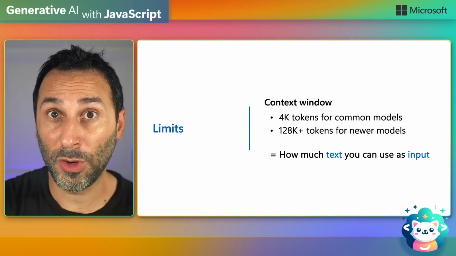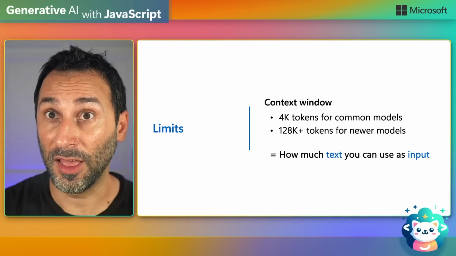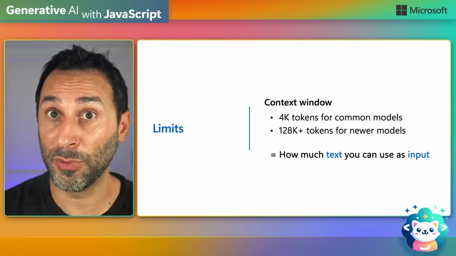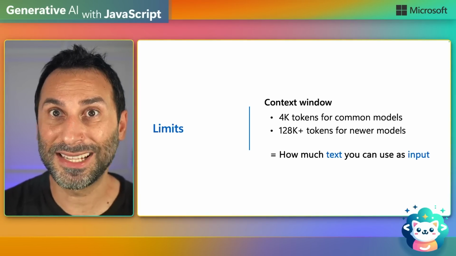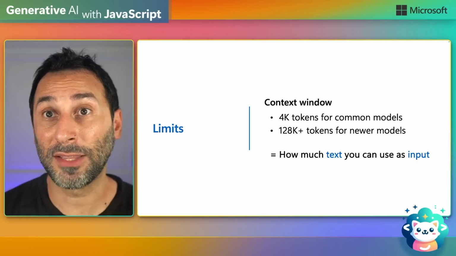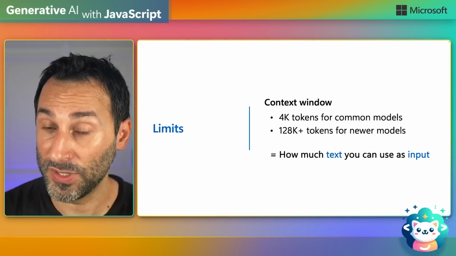We also have newer models that can use more than 100,000 tokens, which means you can fit entire books in there. But you have to keep in mind that the less context you use, the more attention you will get, which means you will get more accuracy with your results.